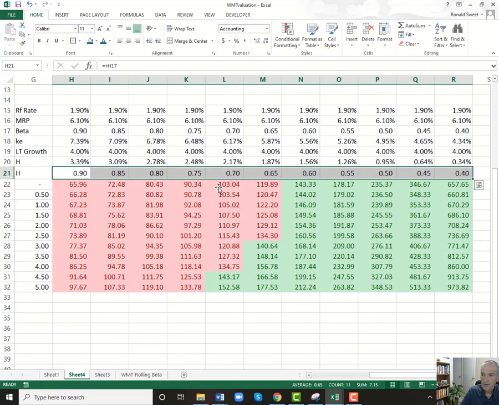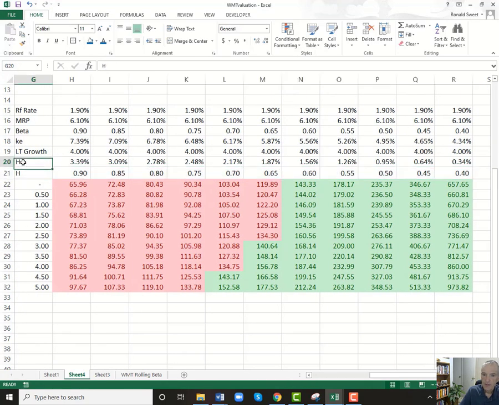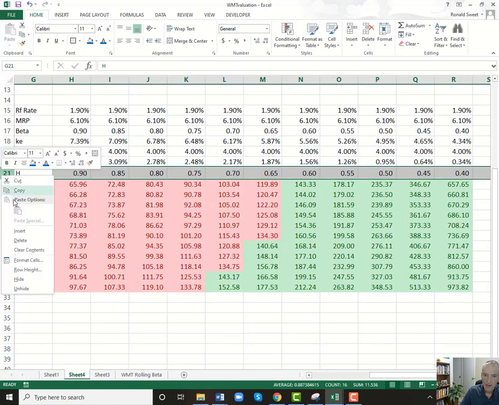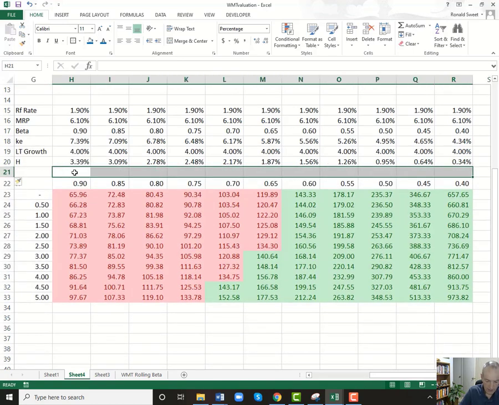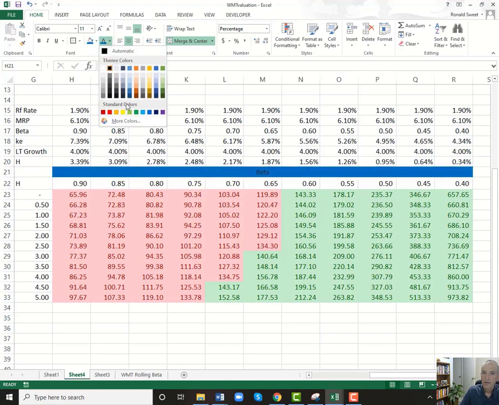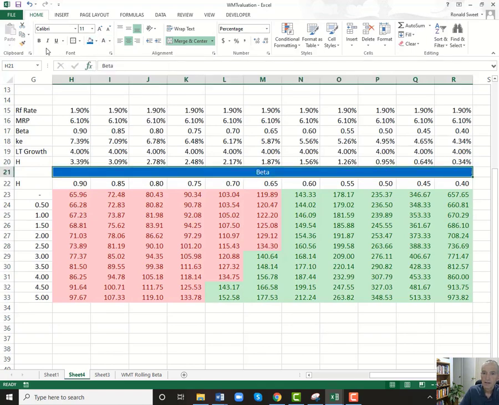And so here, let me just show you how you can clean it up. You're probably going to have to add some rows, but here, this is beta. So I'm going to do Alt-HMC to center that and put the word beta with white text and bold.